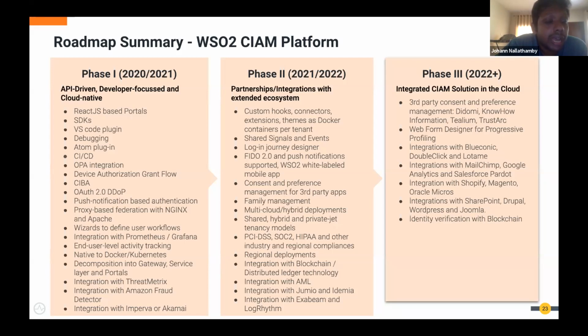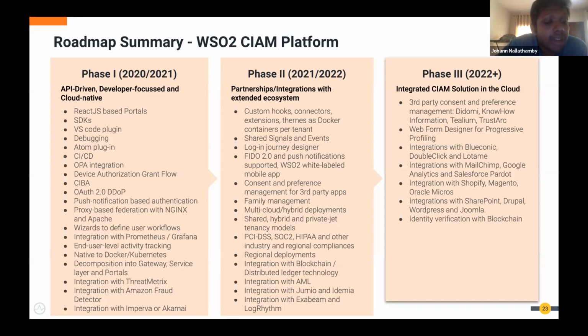Then we are working on OPA, Open Policy Agent integration for fine-grained access control in these authentication flows. Then in terms of improvements around device management, we are introducing the device authorization grant flow and the client-initiated back-channel authentication. Also improving the push notification-based authentication capabilities. And one of the most important things we are going to do towards the latter part of the year is the decomposition of the identity server application we have right now.